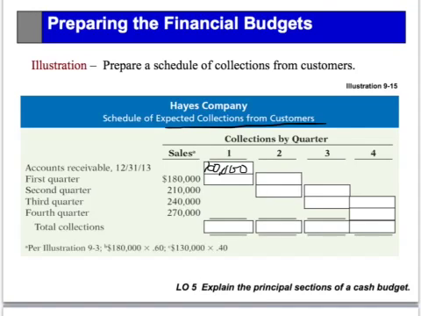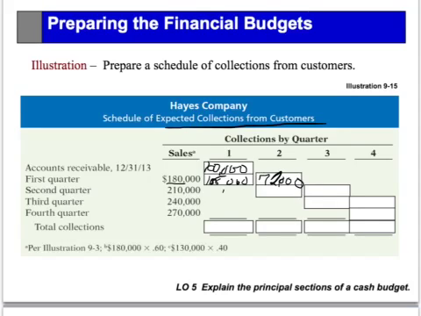Now in the first quarter we had sales of $180,000. They tell us 60% in the quarter in which I made the sale. So I made it in quarter one and I collect $108,000 of that. And 40% in the following quarter. So the balance, $72,000, I get in the second quarter.